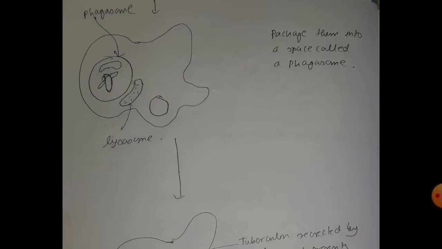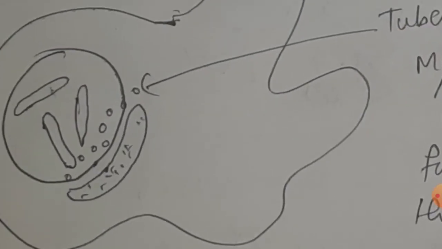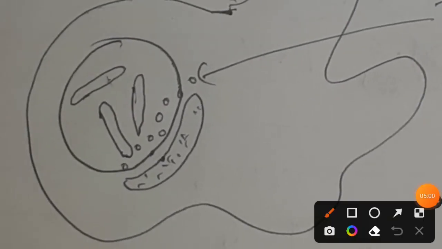But it is quite different in the case of Mycobacterium tuberculosis, because tuberculosis produces a special type of protein, as you can see. This special protein is known as tuberculin.